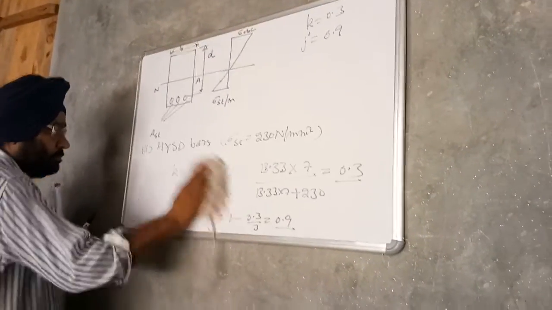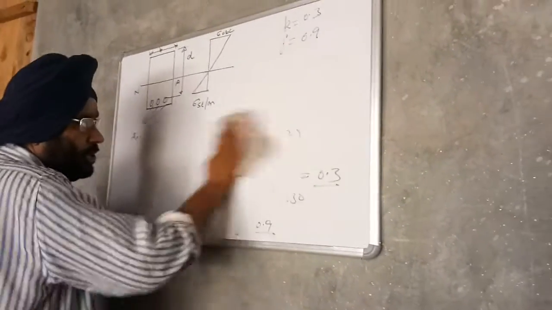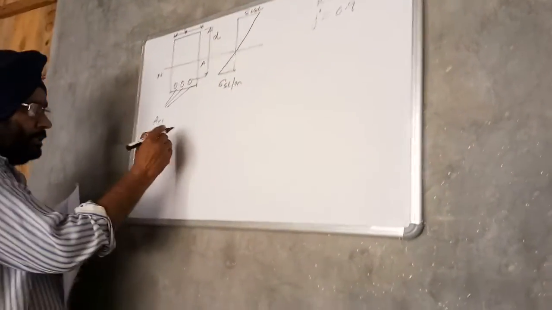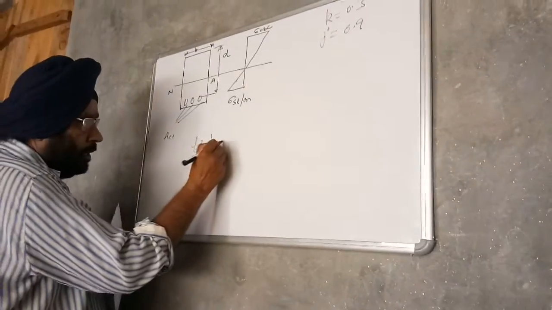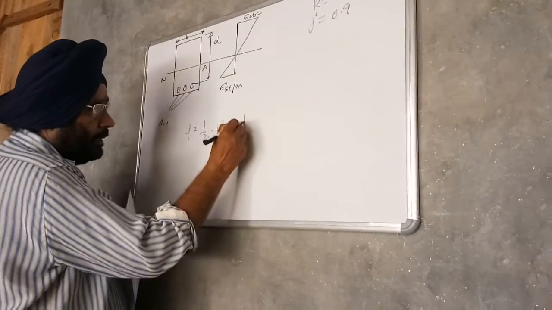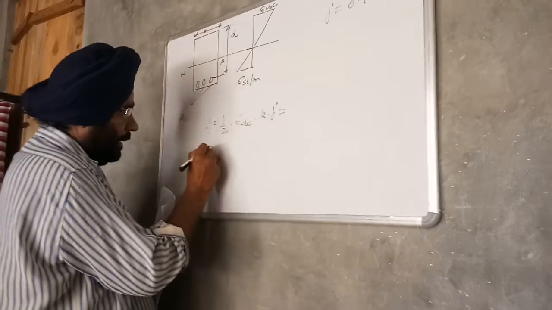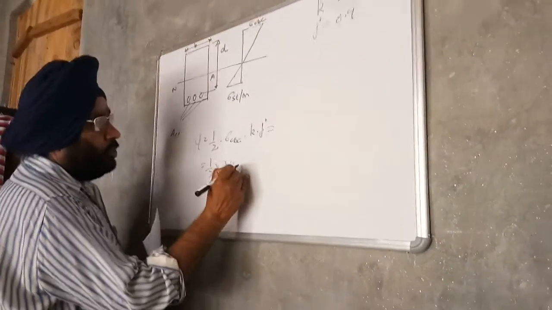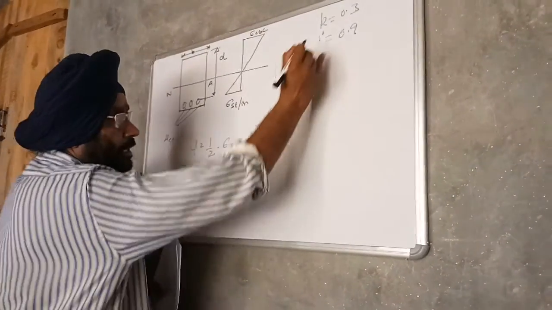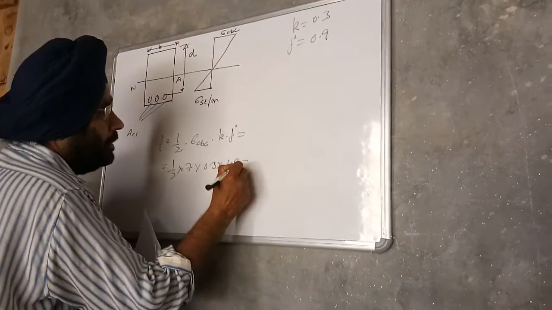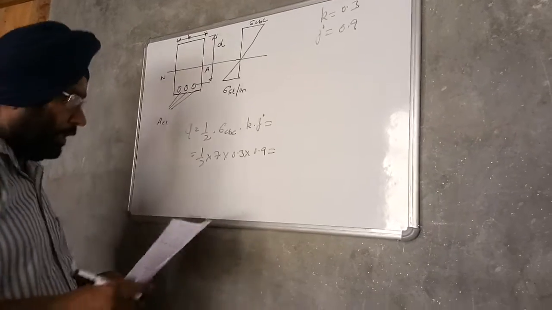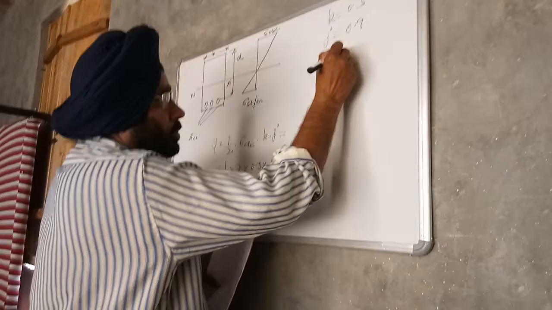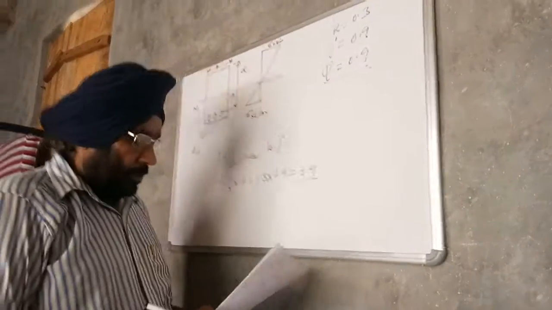Then the moment resisting factor Q is half sigma CBC K into J. So half sigma CBC, its value is 7, K 0.3, and J its value is 0.9. So the value of Q comes out to be 0.9. The moment resisting factor Q is 0.9.